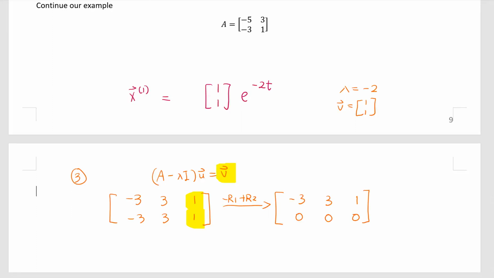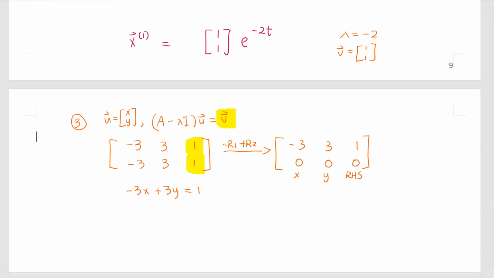What's u? You let u be (x, y). Then this is x, this is y, this is the right hand side. What does that mean? -3x plus 3y equals 1.